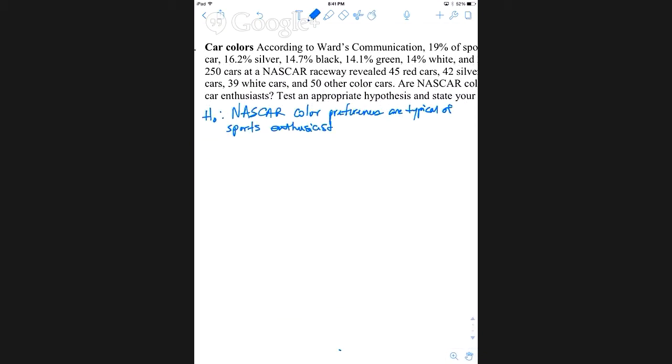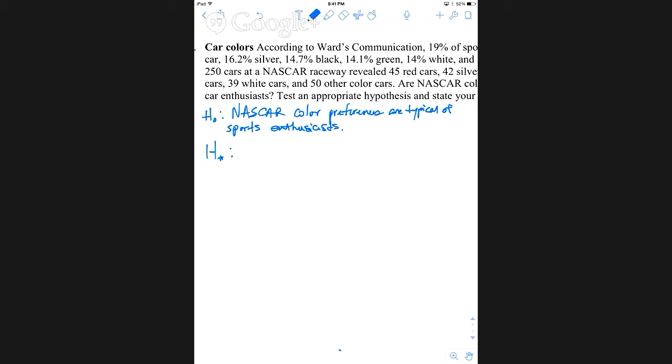Now I know you're saying, but wait a minute, Mr. Miasis, that's kind of what we're trying to show. Well, that's what it says in the problem. But when we're dealing with goodness of fit, our null hypothesis is always that it fits. Our null hypothesis is always that our observed match up with our expected.